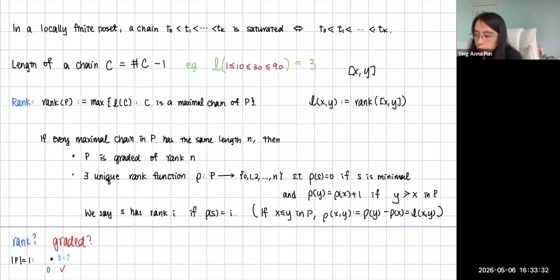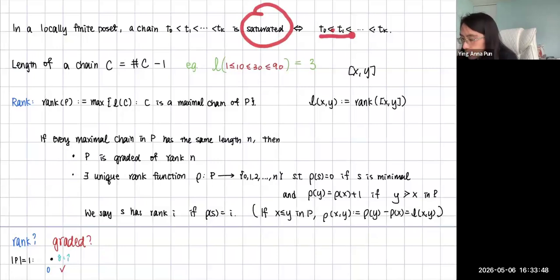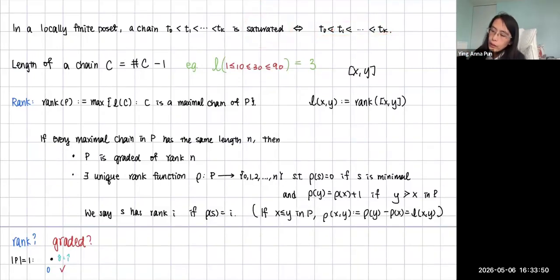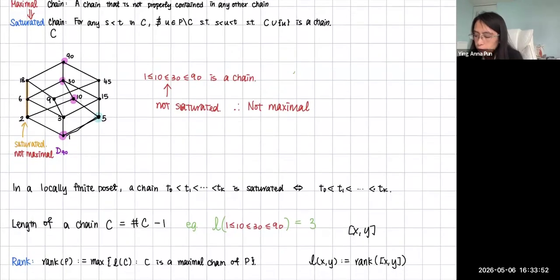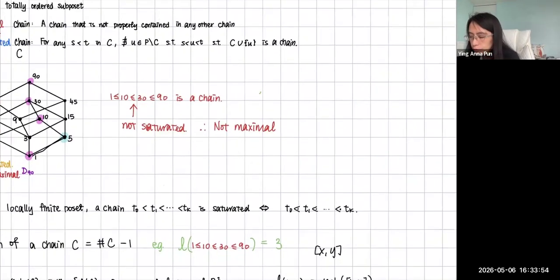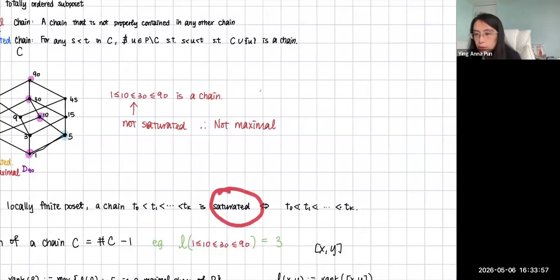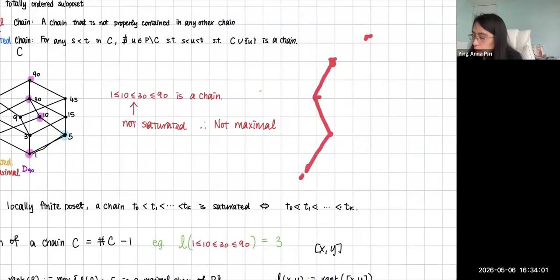So we talk about, in a locally finite poset, what a chain must look like. If you have a chain, then you have covering relations. A saturated chain has to be created by covering relations, meaning that if you are a locally finite poset and I want to look at a chain, whether it's saturated or not, I just need to draw all these dots and look at the path from one to the other.